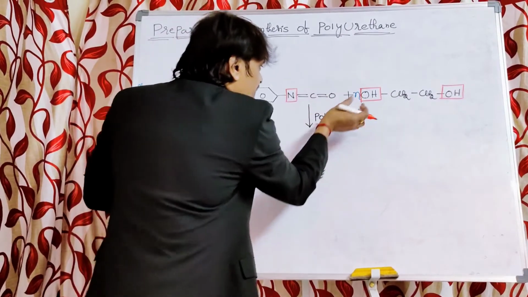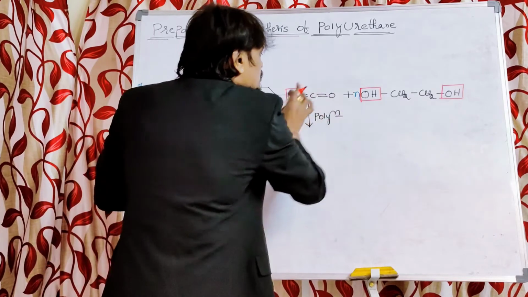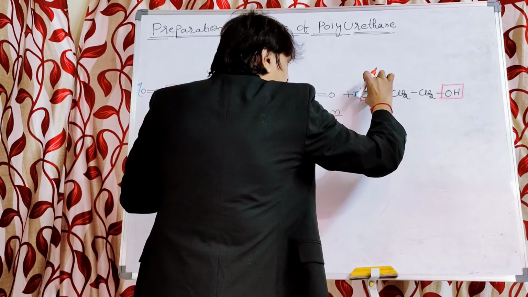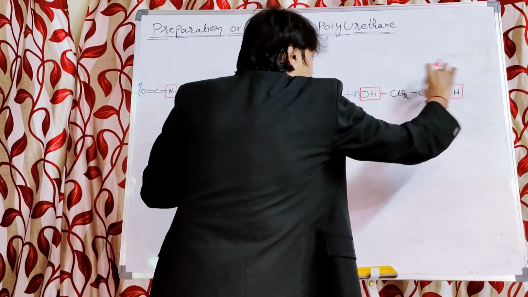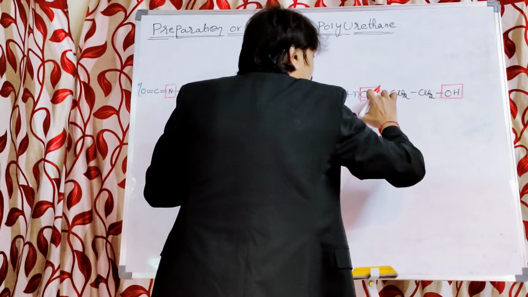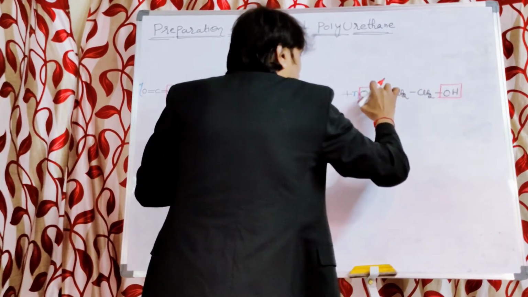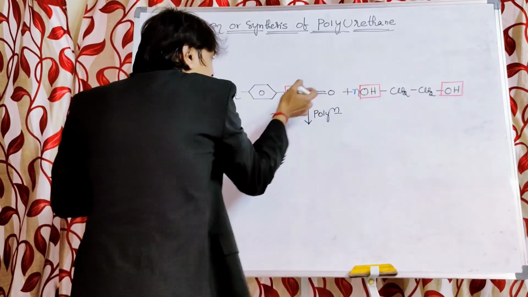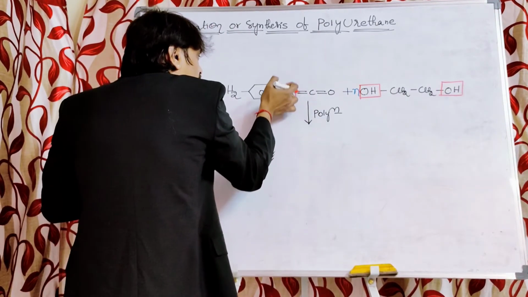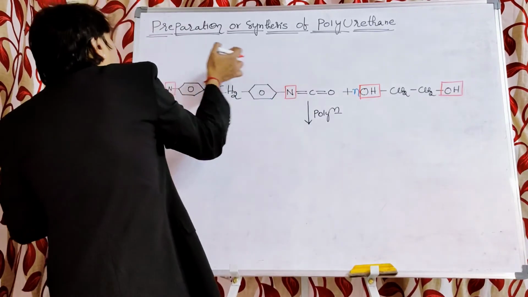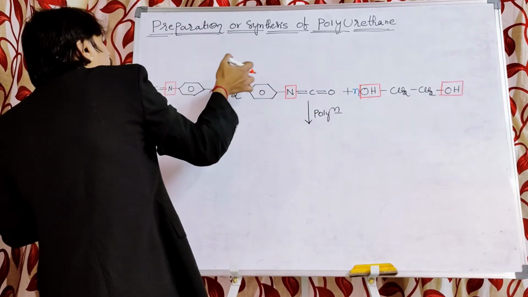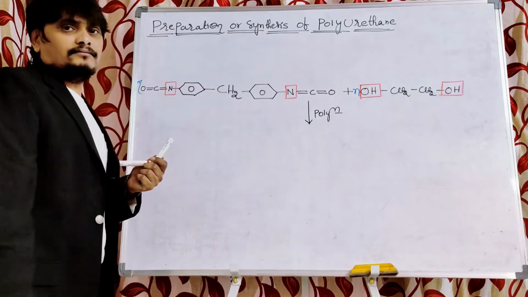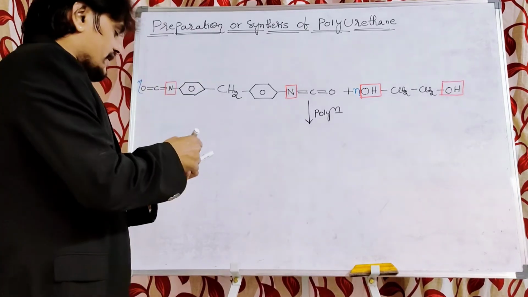What is happening, students? During the polymerization between these two monomeric units, hydrogen transfer takes place from the hydroxyl groups of ethylene glycol. Wherever the hydroxyl group is there, the hydrogen will be lost from that particular hydroxyl group, and that hydrogen will link to the nitrogen of isocyanate moieties of methylene diphenyl diisocyanate. How it happens? Let us see.